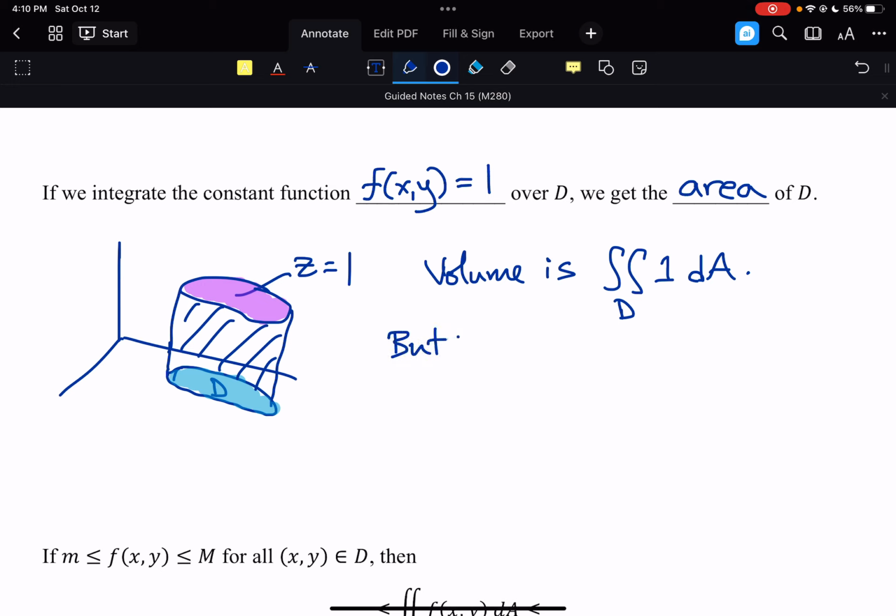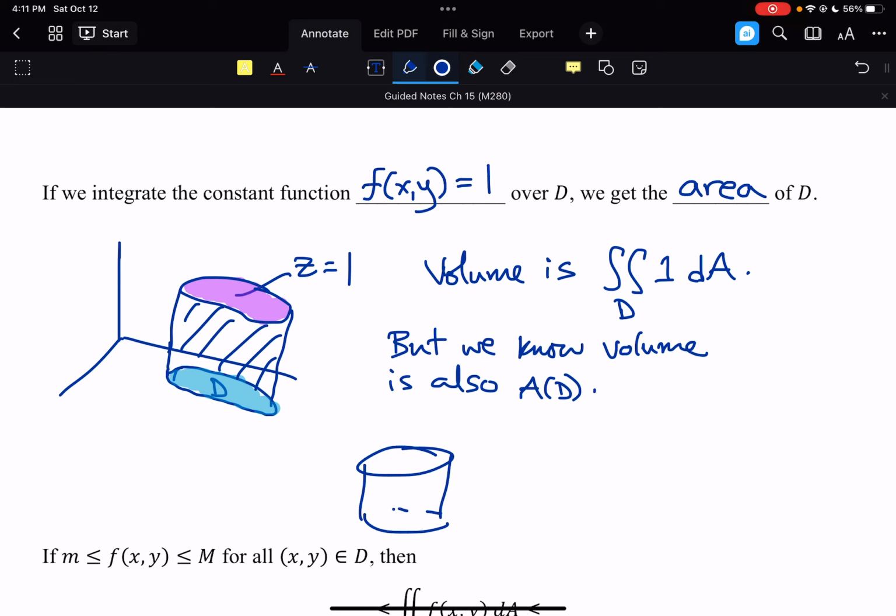But we know volume is also the area of D times the height of the object. So picture a cylinder, something like this. We take the area of the circle times the height, and that gives us the volume of the whole thing. Area times 1, which is just the area.